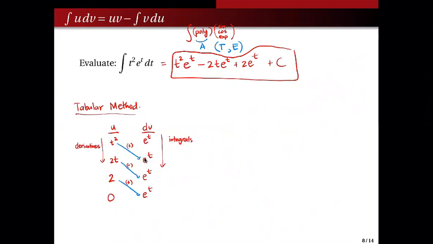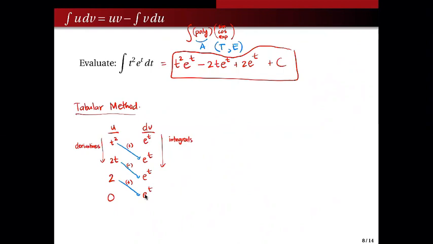If this is your new DV, this becomes V. So UV again. And then this becomes your new U, this becomes your new DV. You integrate again, this becomes your V. So UV. Okay? So it's just continuous application of integration by parts.